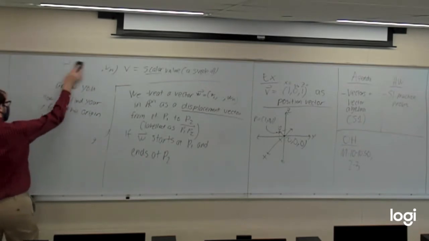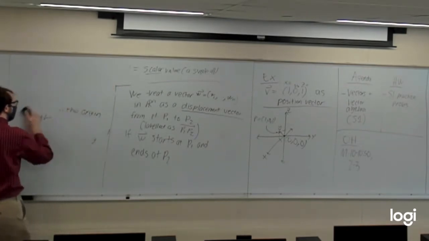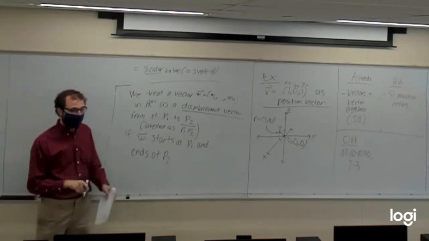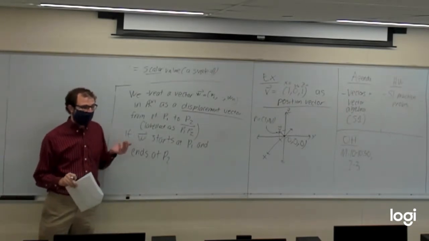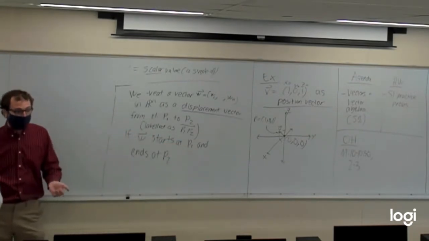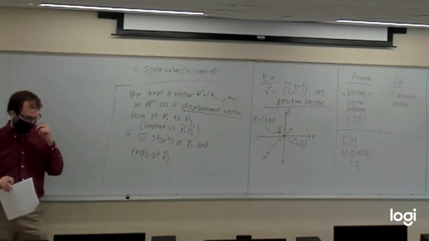So in other words, a displacement vector doesn't tell you how to get from the origin to some point. It's sort of a generalization of that, where we look at how do we get from one point P1 in space to another point P2 in space.